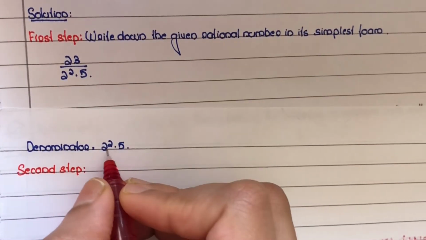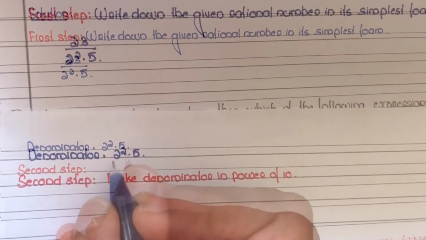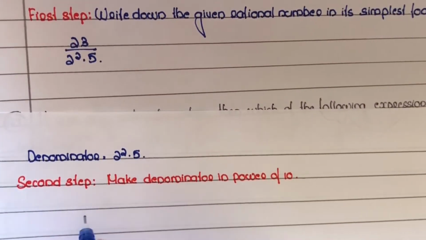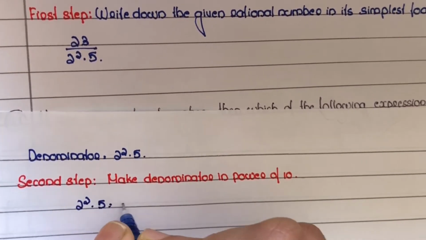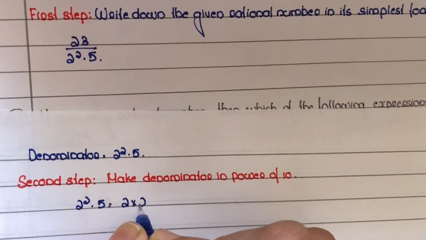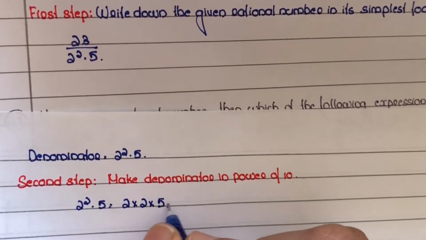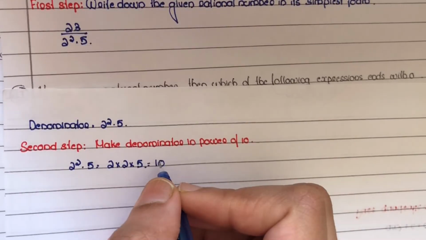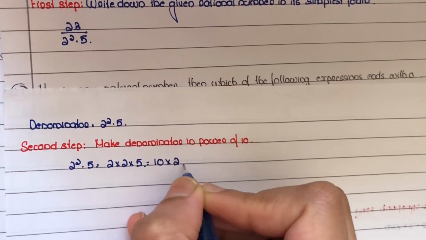Second step, make the denominator a power of 10. Here denominator is 2 raised to 2 into 5, that is 2 into 2 into 5. Okay, we know that 2 fives are 10. 2 into 5 is 10 into remaining 2.